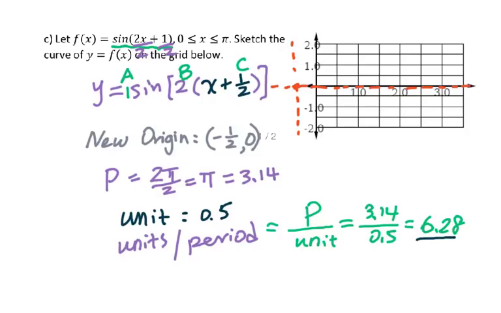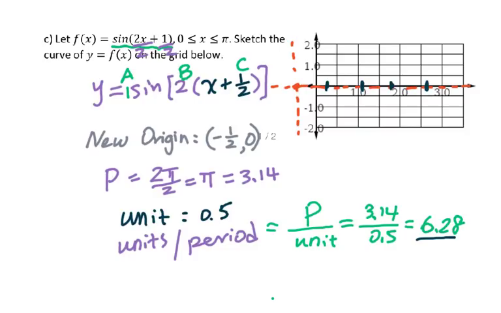That's 1, 2, 3, 4, 5, 6. 6.28 estimate here. Then we get half of that, that means 3.14. Close here. Then we get half of 3.14, like 1.5 something. So this part is over here. You just need to estimate.